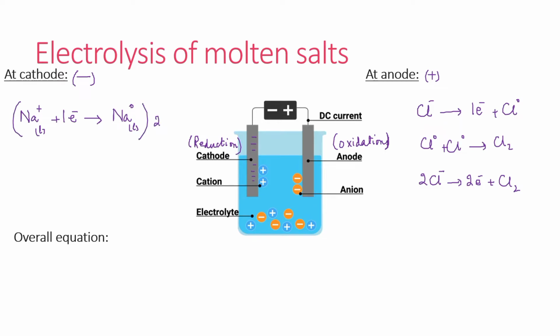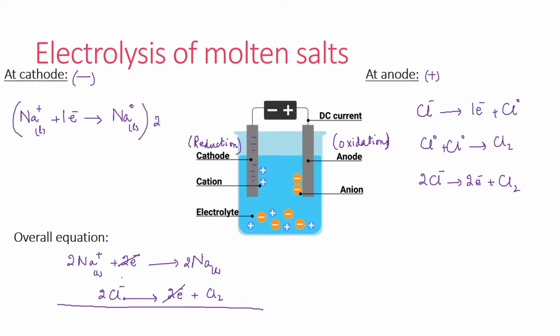So we would get 2 sodium ions plus 2 electrons, and the anode equation is... you can cancel the number of electrons, and your final overall equation would be 2 sodium ions in molten form, 2 chloride ions.